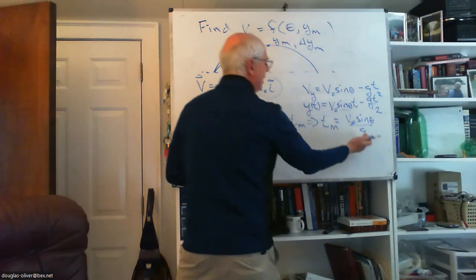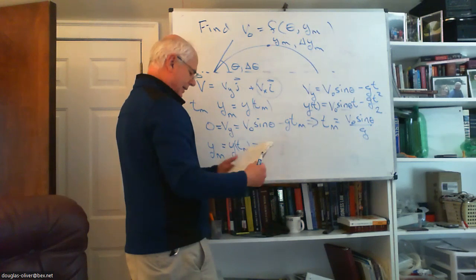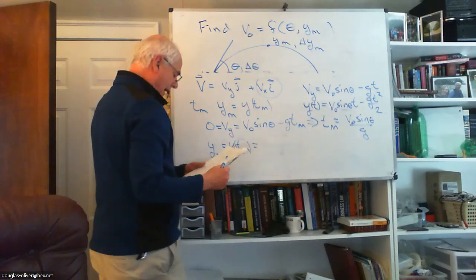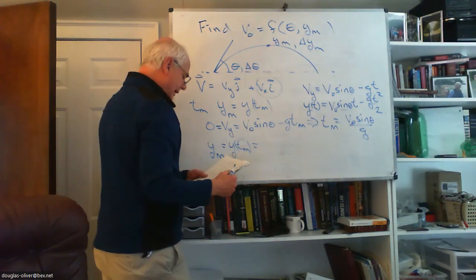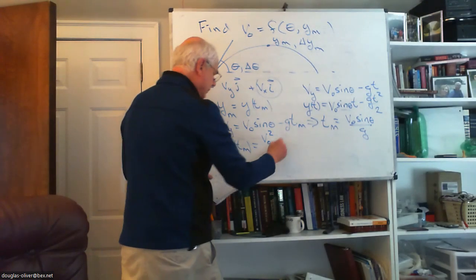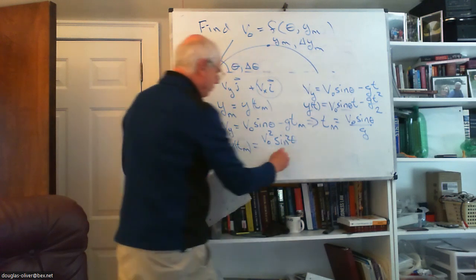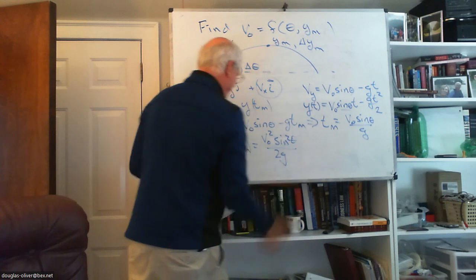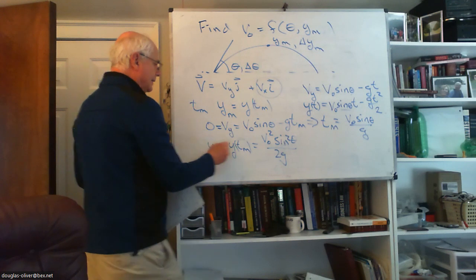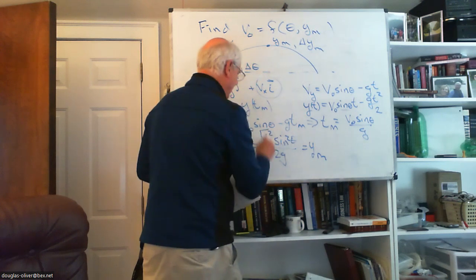Plug this in for t, and I'm not going to do the algebra, just substitute Tm in here, and you will get v naught squared sine squared theta over 2g. So that's going to be y max.